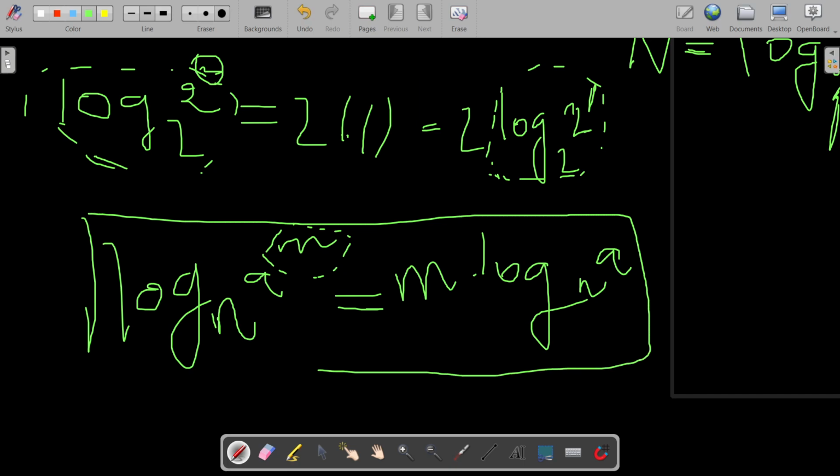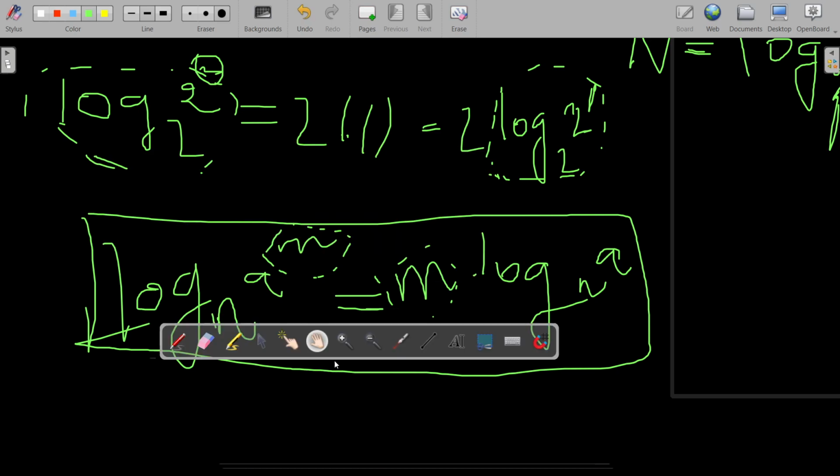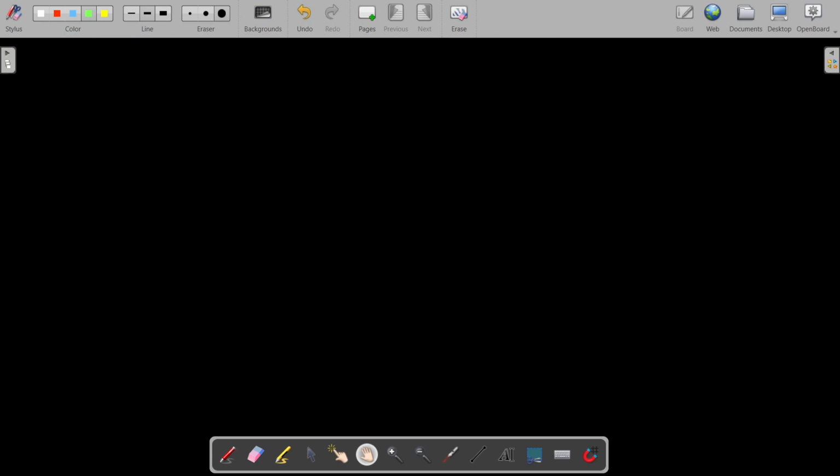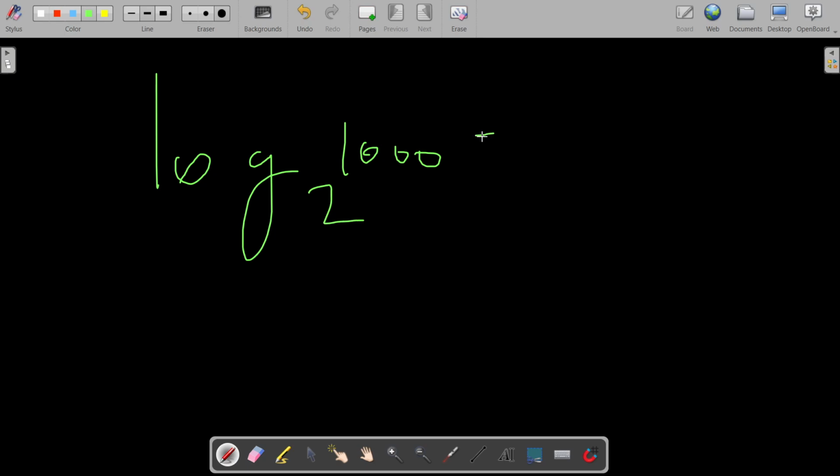Yeah, the power property: the power comes in front as a multiplication of the logarithm. Let's take an example: log 1000 base 2.